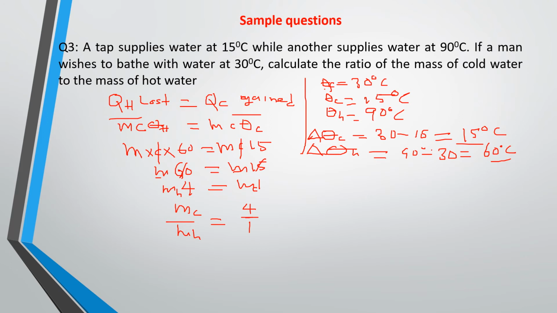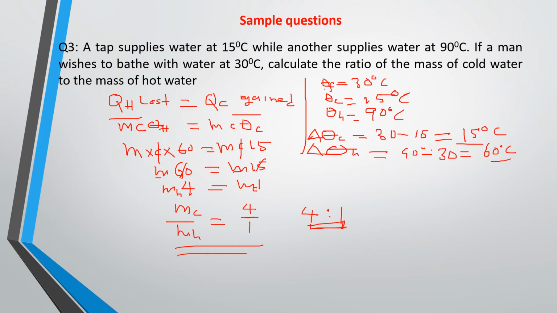So from this we see that the ratio of cold water to hot water is 4 to 1. Okay, so this is how to go about this type of problem. I hope this one is clear.